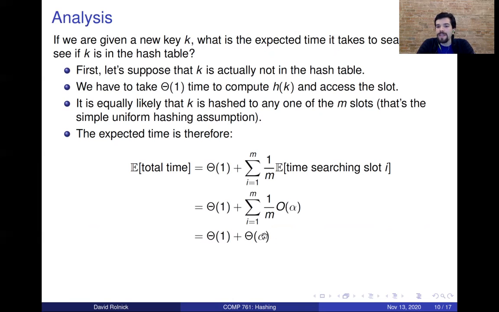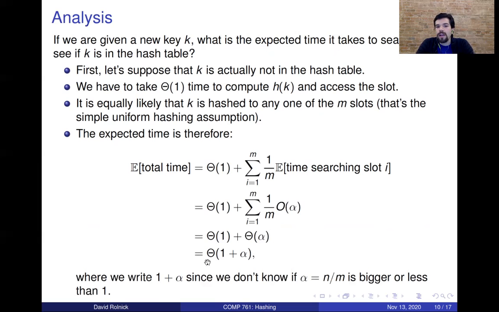And if alpha is less than 1, then this is just theta of 1. But it depends, I didn't really say what is changing, whether it's m or n. And just to be safe, we can write theta of 1 plus alpha. So for example, if n is increasing and m is fixed, then this just becomes theta of n. But if, on the other hand, n and m are both very large, but they're equal, then this is just theta of 1, constant time.